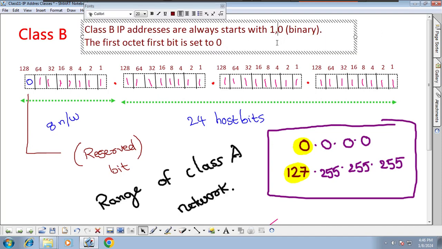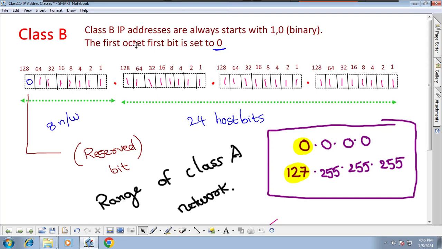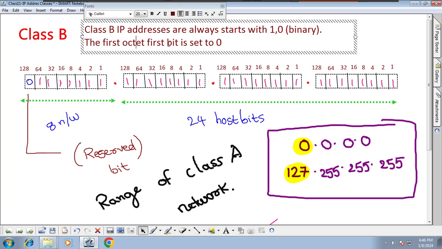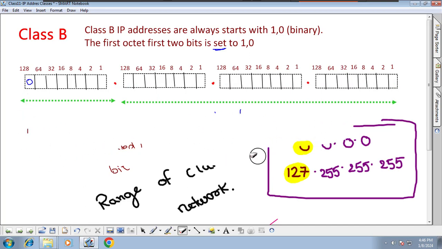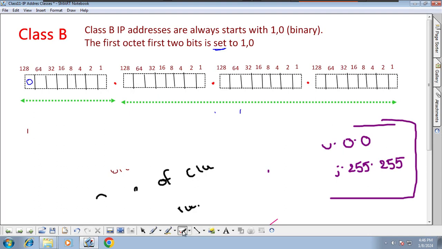It's not ten, it's one-zero. So in the first octet, the first 2 bits are set to 10, which means I will erase all these values. Here, see, I understand we have to change the network, no?